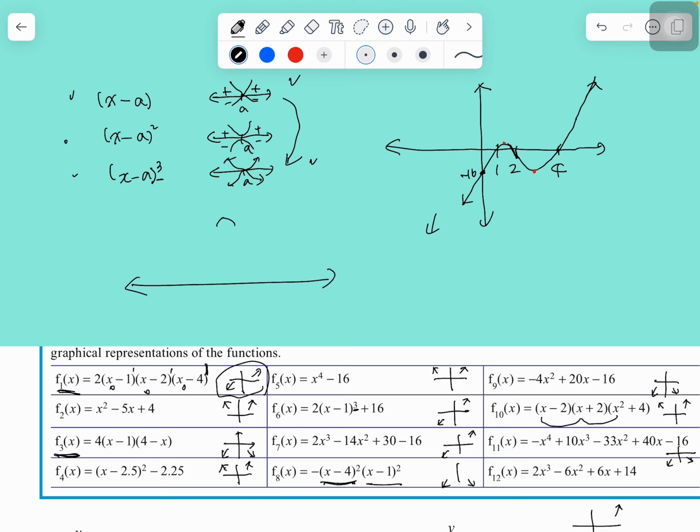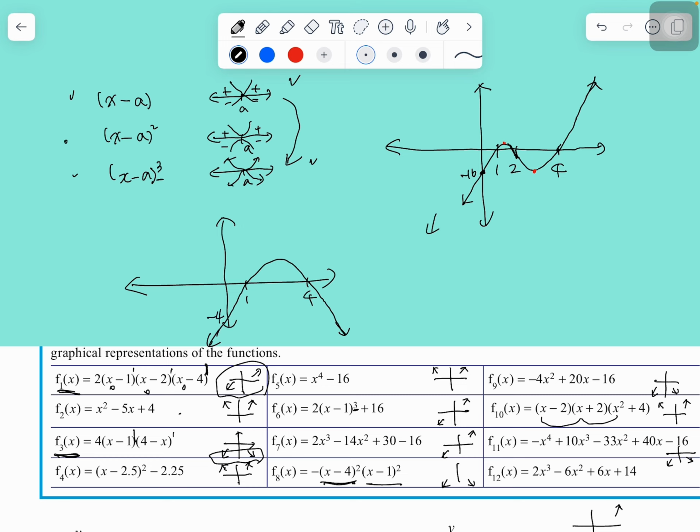So the third function is 1 and 4, and we understand the end behavior already. So it starts from here and it will end here. So let's go to the x-intercept like this and decide, oh, it's only 1 here. All multiplicity is 1. And next x-intercept, and again crossover like this.